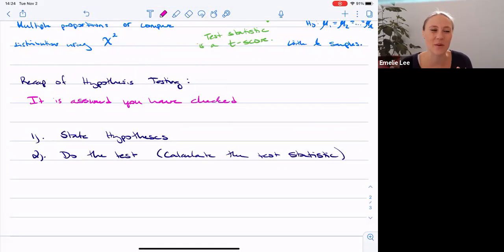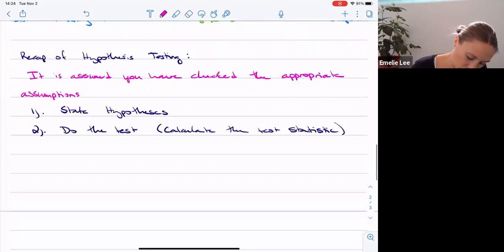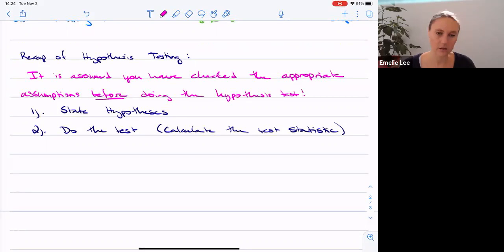I'll outline them as we need them, but it's assumed that you have checked the appropriate assumptions before doing the hypothesis test. Okay. So then you're going to state your hypotheses, and then you're going to do the test. So you're going to calculate the test statistic.